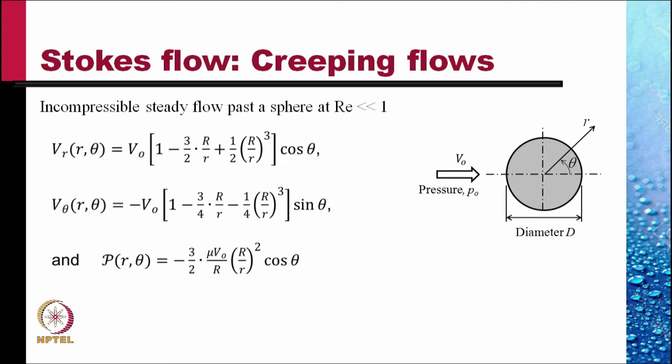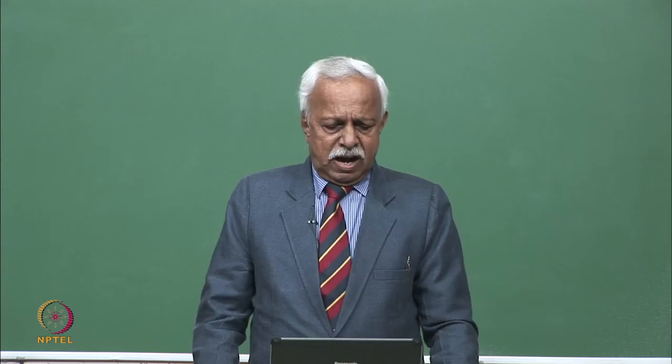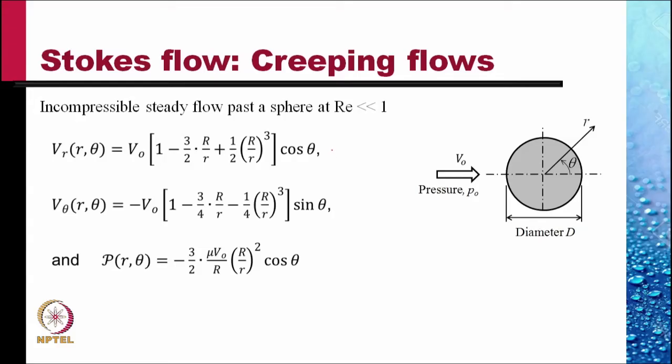Stokes solved this equation in spherical polar coordinates for flow about a spherical body. Then he got the velocity components: Vr, the radial velocity component, given by this equation, where capital R is the radius of the sphere.